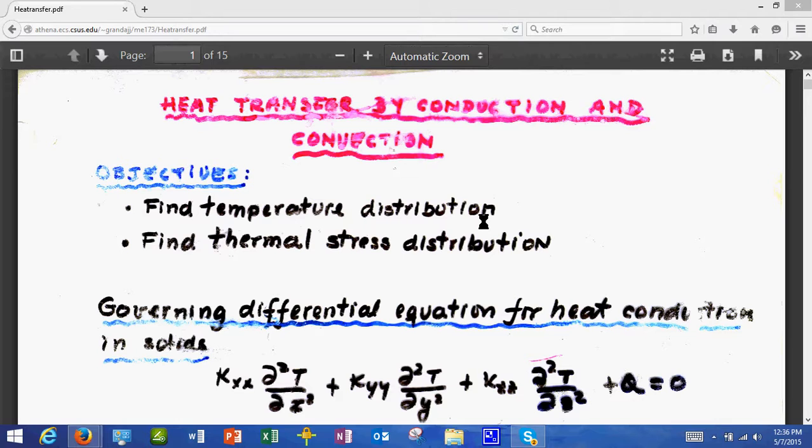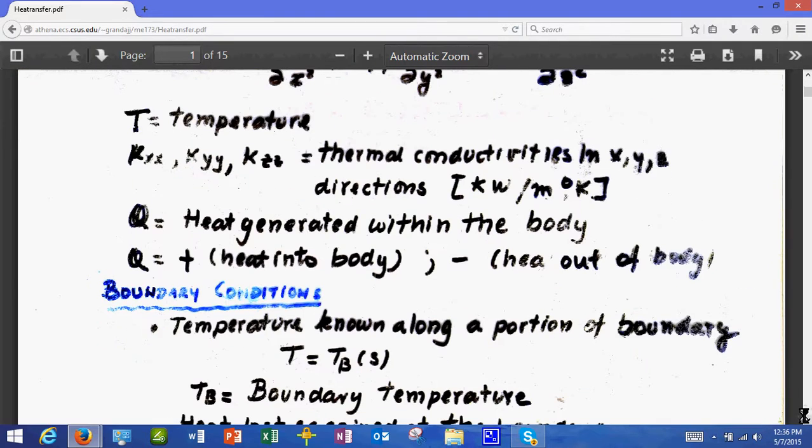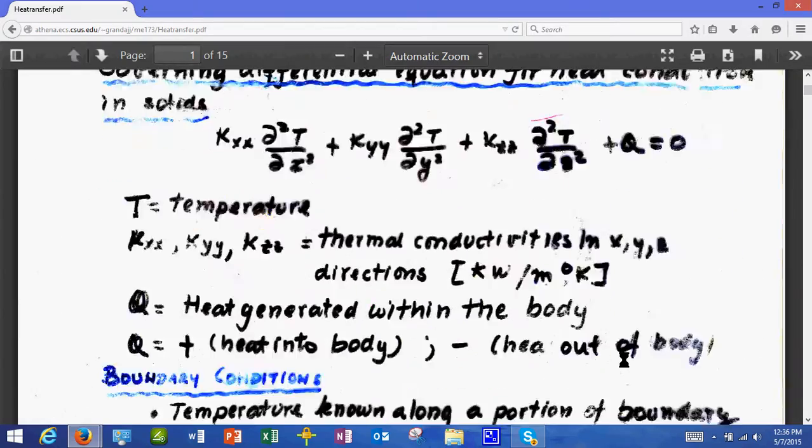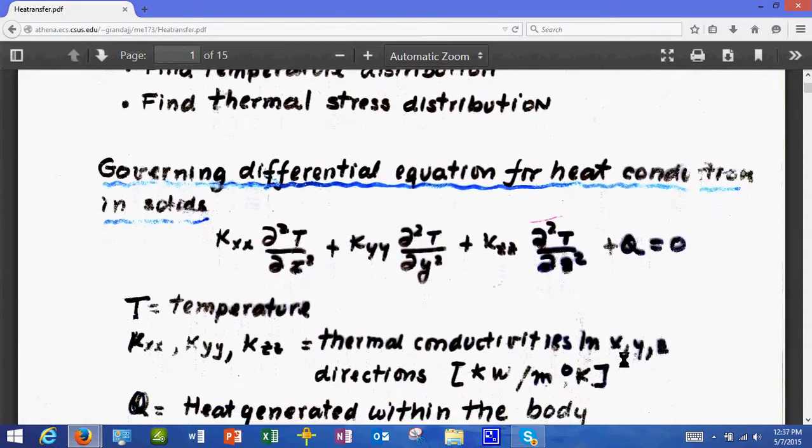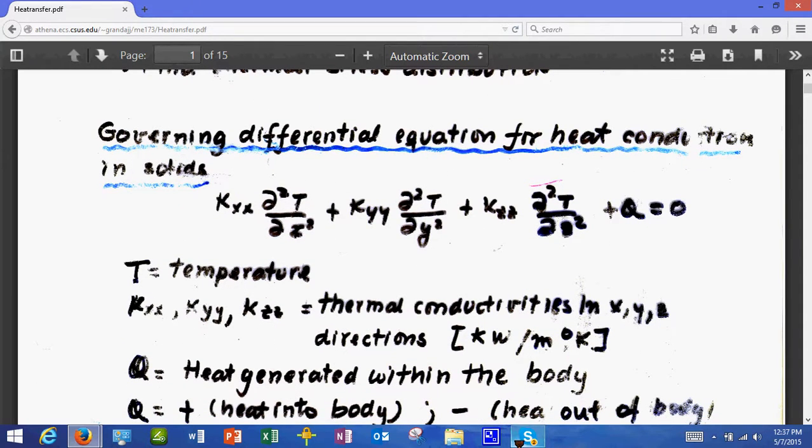So in this particular case, we have the governing differential equations. In general, the governing differential equation for heat transfer conduction is like this.